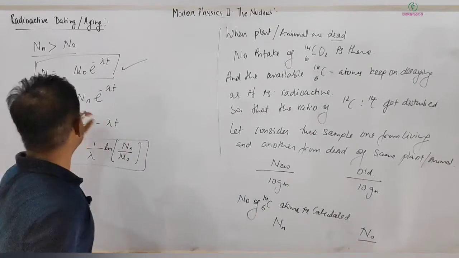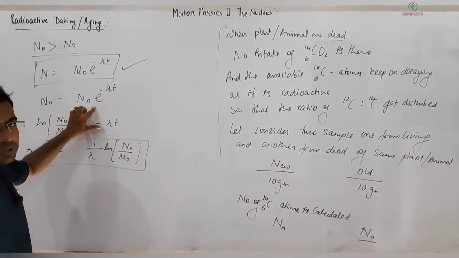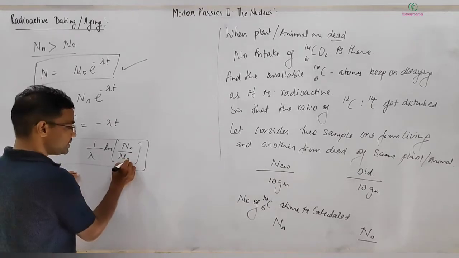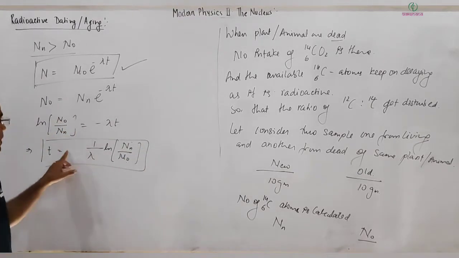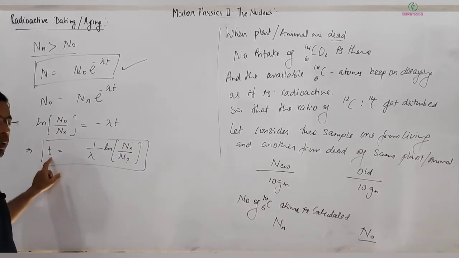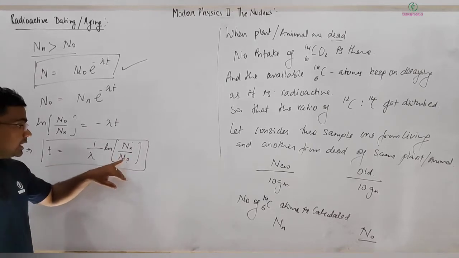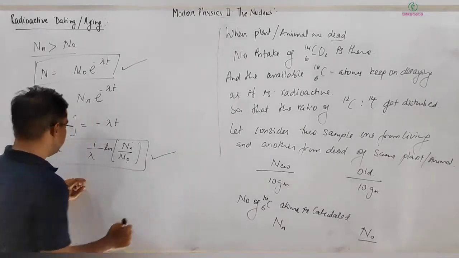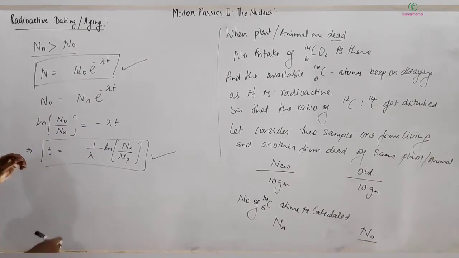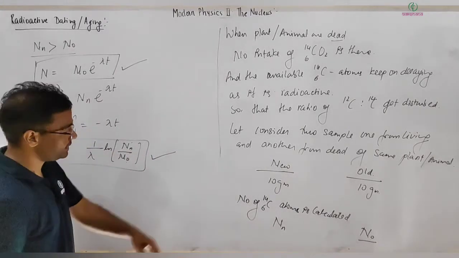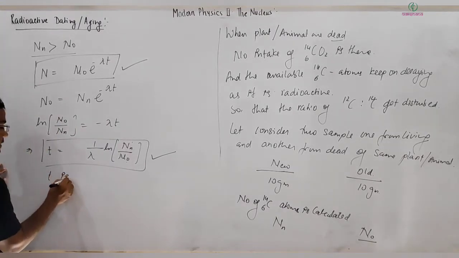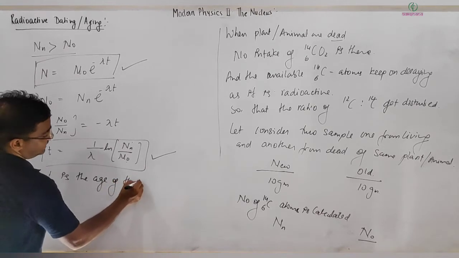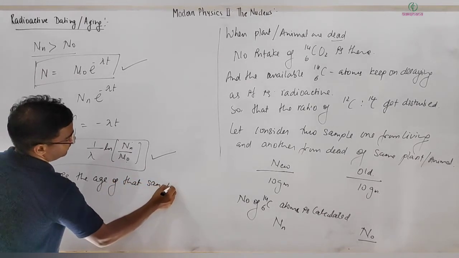Now if I substitute these values here, and rearrange, I get this. So now if you know this and that, then you can get the time it has taken to decay from here to there. And this t will be the age of that sample.